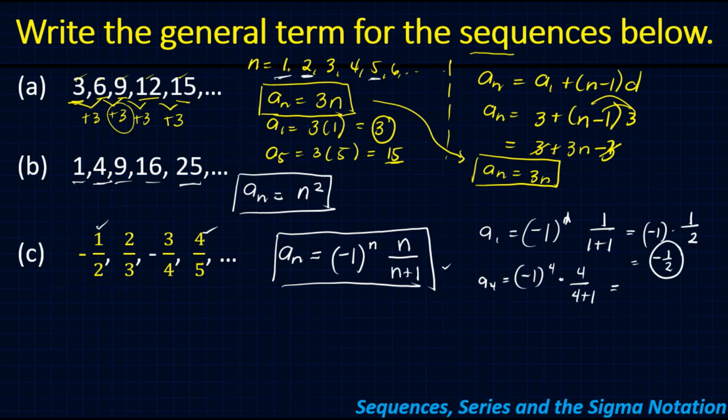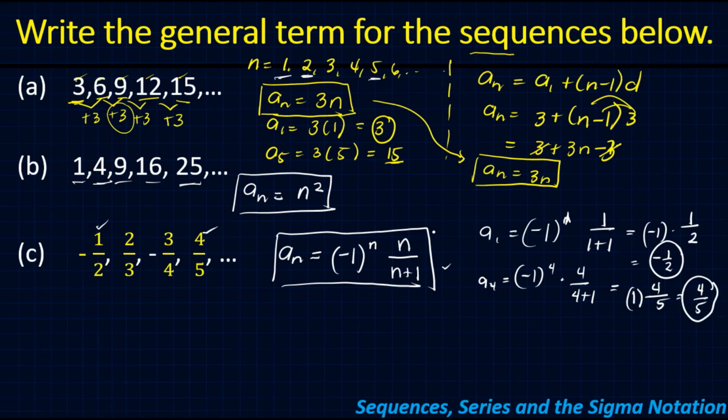Okay, simplifying this, we will have negative 1 raised to 4. That means we have negative 1 times negative 1 times negative 1 times negative 1. And kapag even yung ating exponent, magiging positive yung ating sagot. So, negative 1 raised to 4, that is positive 1. Okay, and then times 4 over 4 plus 1 equals 5. 1 times 4 over 5 is equal to 4 over 5.